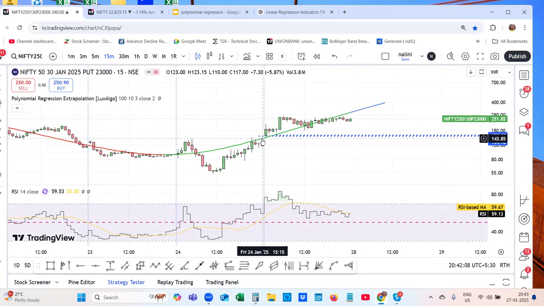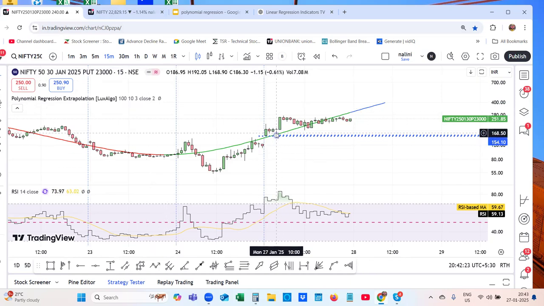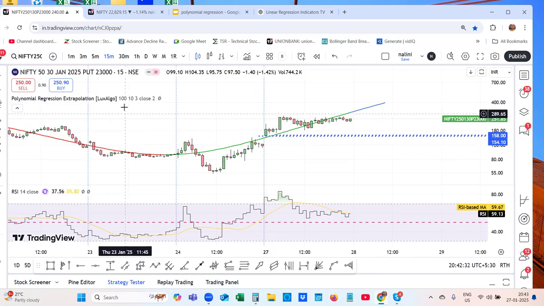Immediately you are not going to take the trade, but the trend is up for the put option. That means trend is down for the underlying. So when it came and hit there, that is the strategy, you could have taken a position in this.